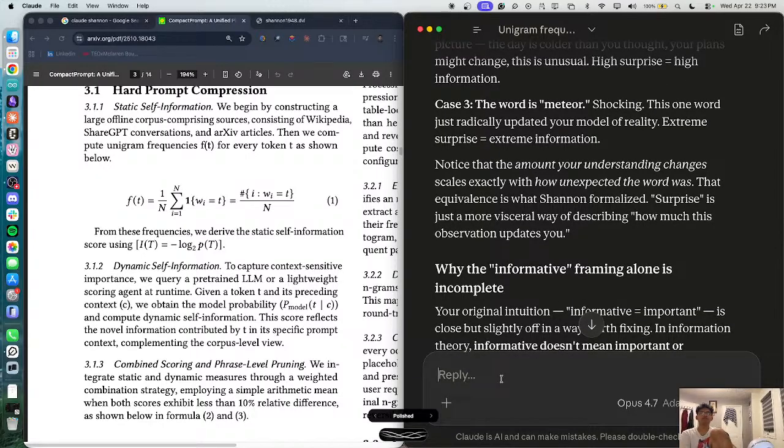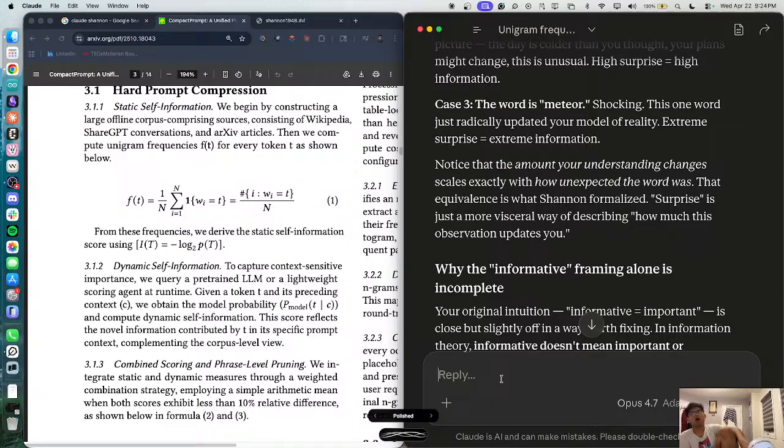I would like to push back on this idea, because if a word is surprising or unexpected, then it makes sense why it's informative, because it's adding an idea or a concept through the strings of words which are unexpected. However, when a token is expected, why would that automatically mean it isn't informative?